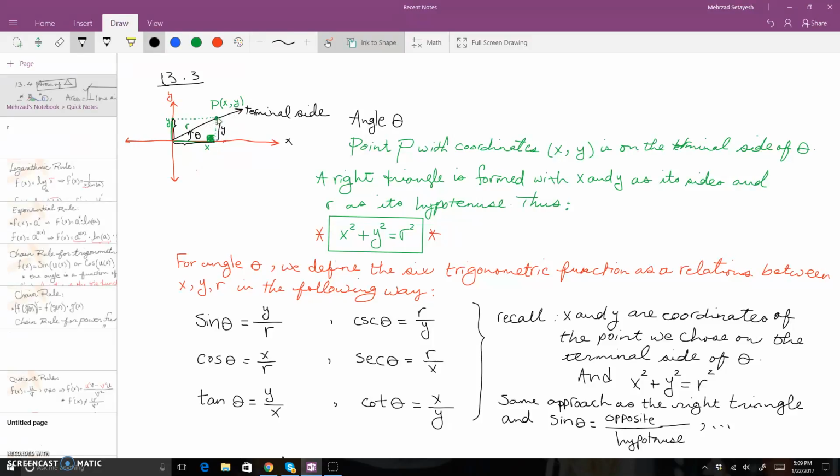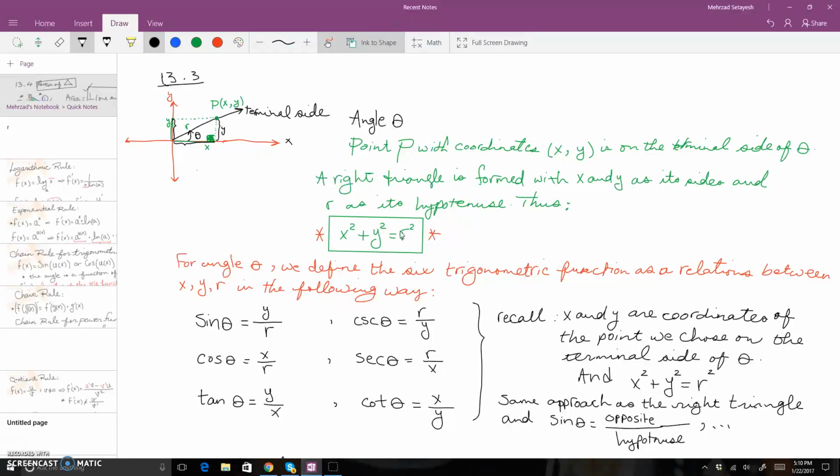Once we do that, let's call this hypotenuse r. You see that we already formed a right triangle here. And in this right triangle, the Pythagorean theorem says what? x squared plus y squared equals hypotenuse squared, in this case r squared. So keep that in mind because that's the relation between x, y, r.